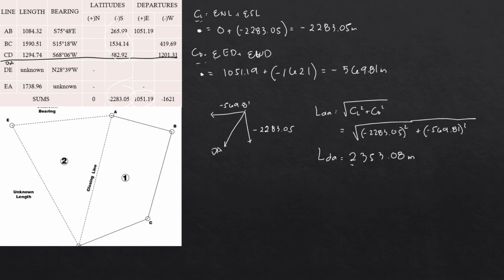nakuha na natin. Pwede na rin natin makuha yung angle. So, meron tayong tangent DA is equal to opposite over adjacent. So, ito yung kunin nating theta.